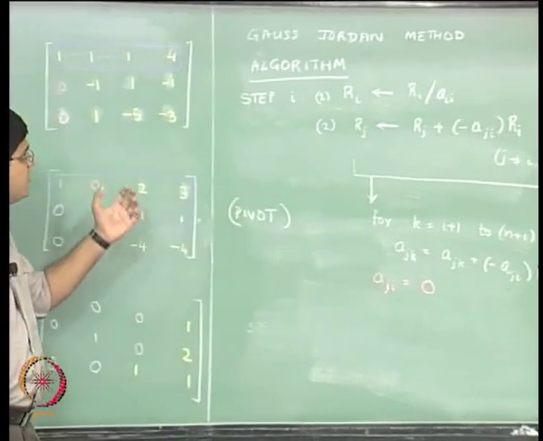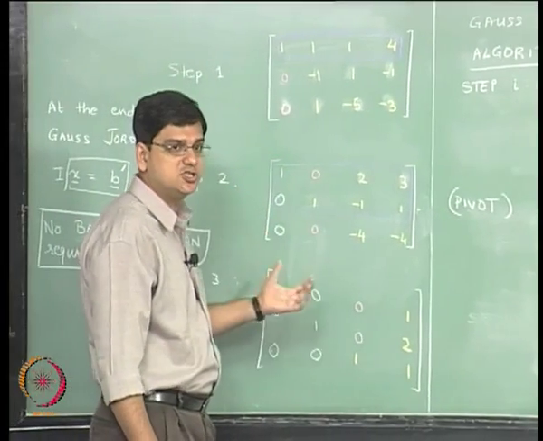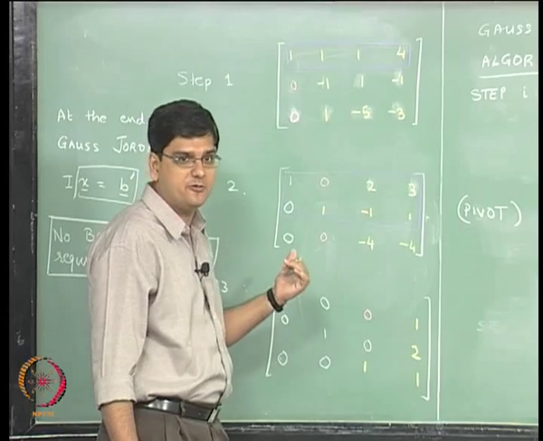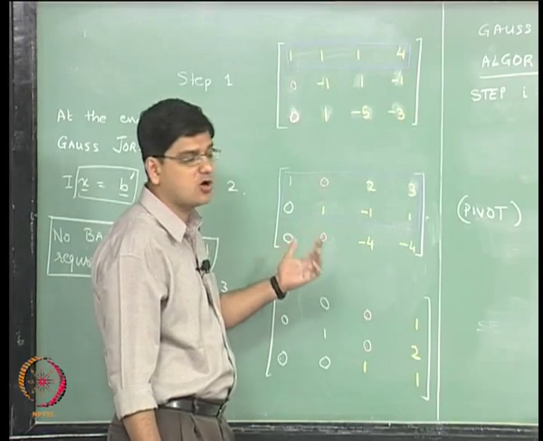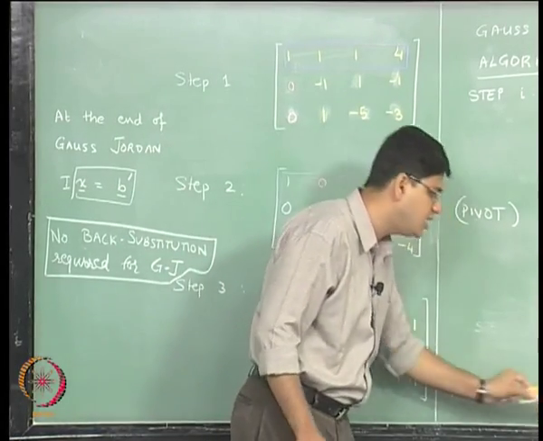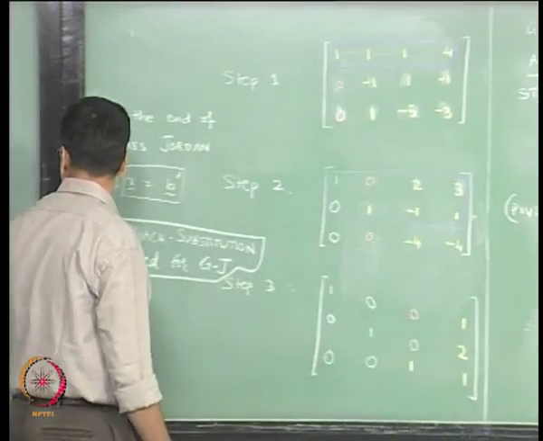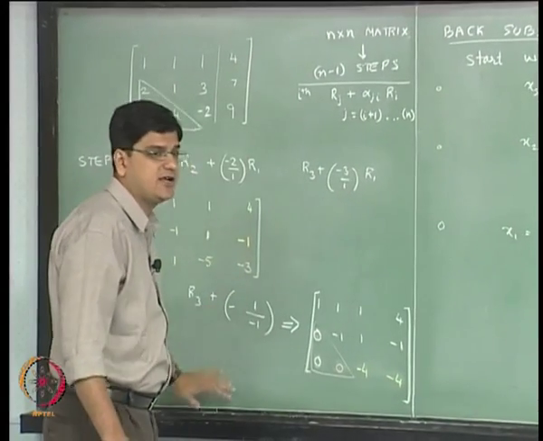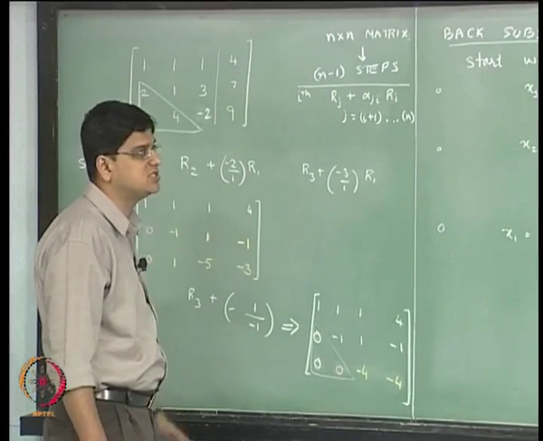Okay. So, what we have done so far is looked at Gauss Jordan and Gauss elimination methods. I will now next talk about another method which is known as the LU decomposition method, and in order to talk about the LU decomposition method, I will use the results that we had when we did the Gauss elimination method.